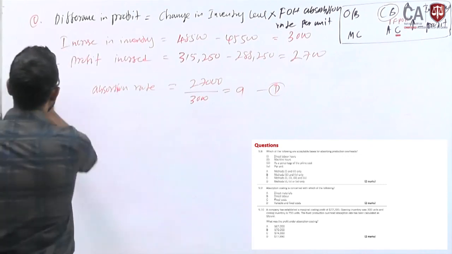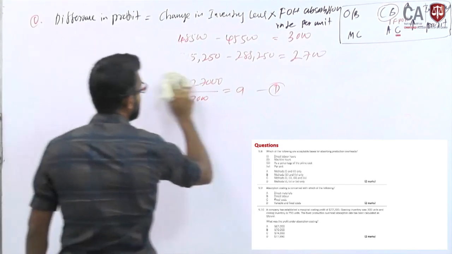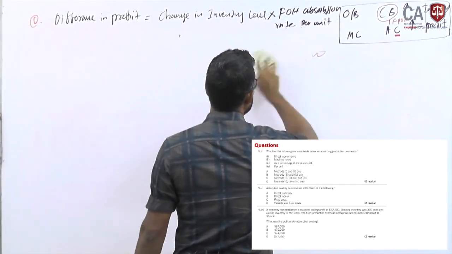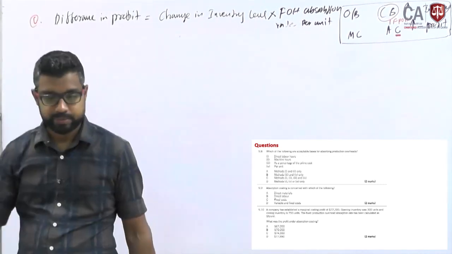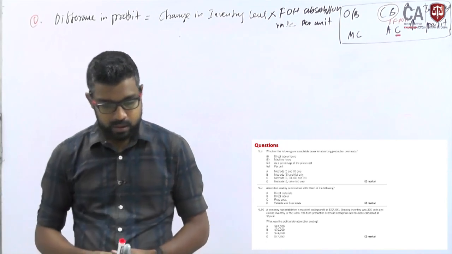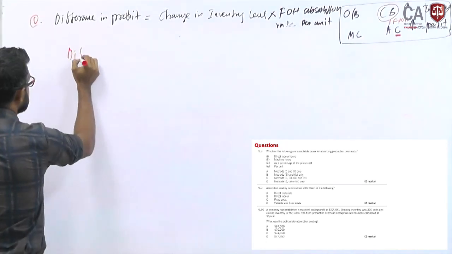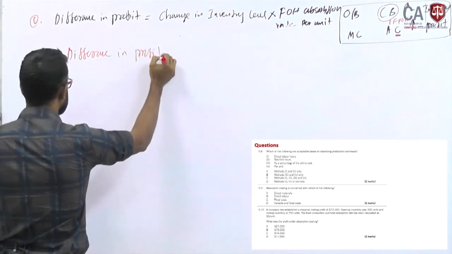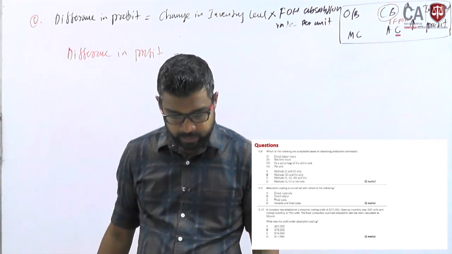Simple. You can do it faster than me since we have done many questions on the same topic. Difference in profit you have to calculate. How do you calculate the difference in profit?